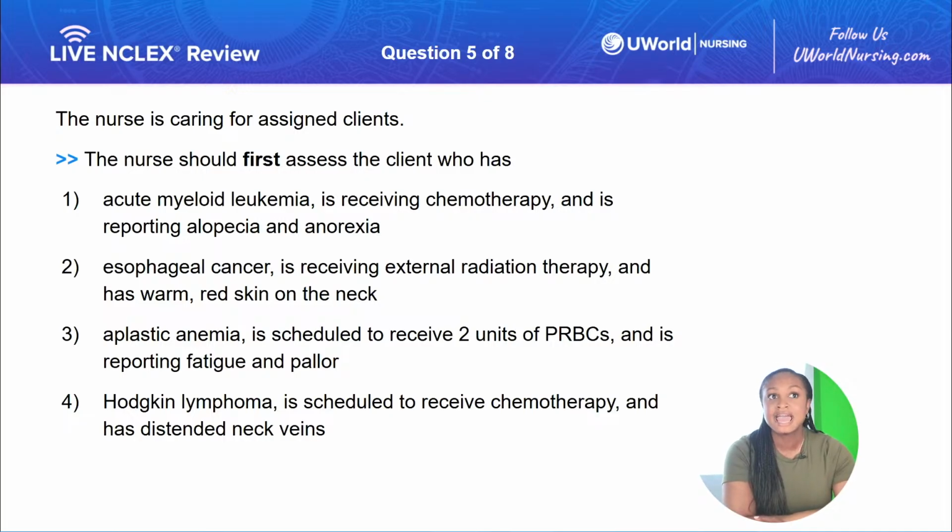Option 3, aplastic anemia is scheduled to receive 2 units of packed red blood cells and is reporting fatigue and pallor. And option 4, Hodgkin's lymphoma is scheduled to receive chemotherapy and has distended neck veins. Let me know in the chat what you guys think.